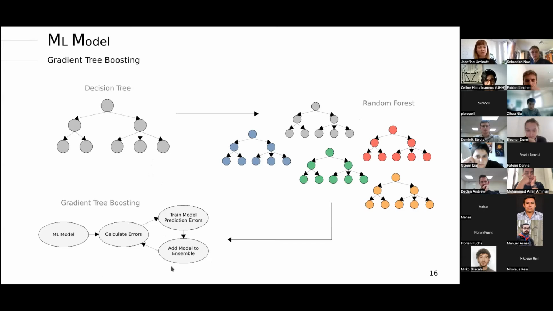And gradient tree boosting is an improvement of random forest in the sense that the trees are not trained in parallel, but iteratively, and they are trying to minimize an arbitrary loss function. So with each iteration, so each tree trained, we try to make our model a little bit better.